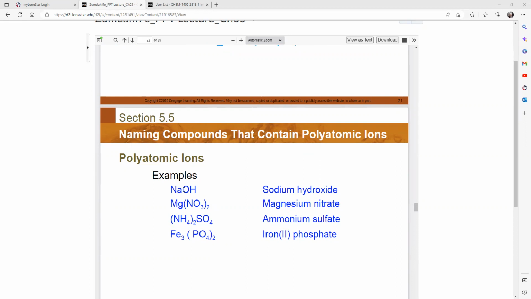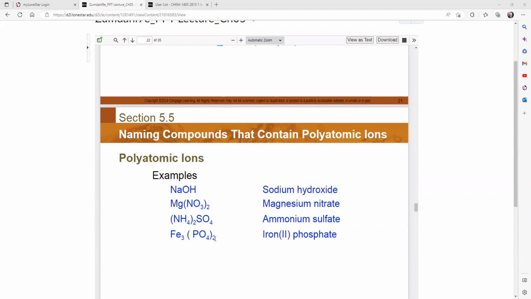In the first case is sodium hydroxide. In the second case is magnesium nitrate. In the third case is ammonium sulfate. And in the last case, you have a transition element, so you have to put the charge into parentheses.